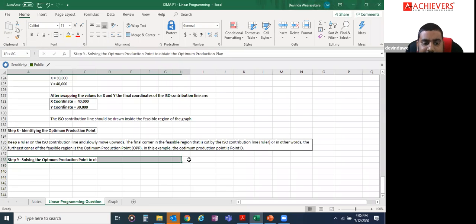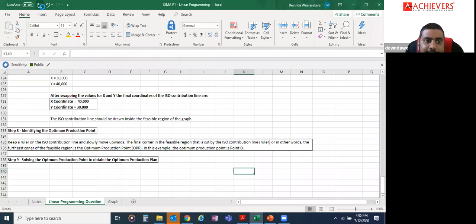So the next step is, you have to solve the optimum production point in order to obtain the optimum production plan. Clear? It's a very lengthy question. So that's how linear programming questions are.